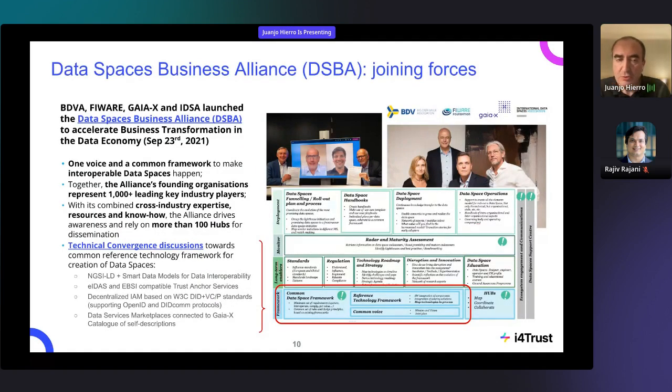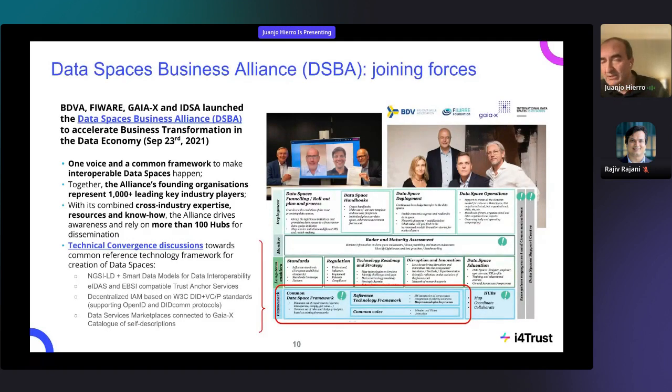I think it's also important that i4Trust is bringing now, as part of the second release of the i4Trust framework, something that will be available, for instance, to experiments that have been selected in our second open call, but also available to projects that want to create data spaces today.